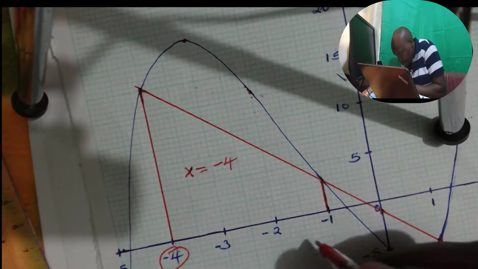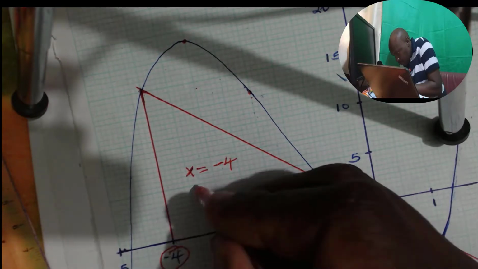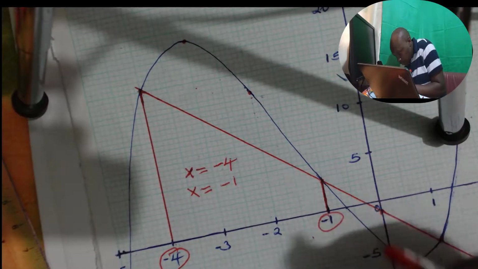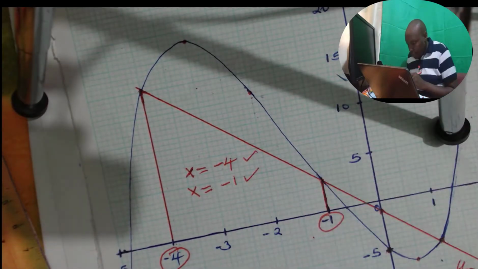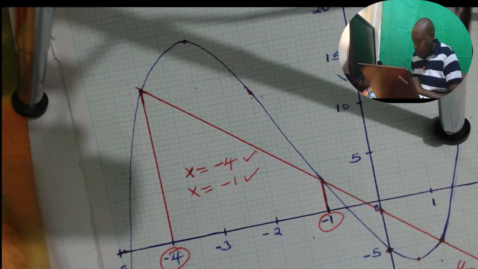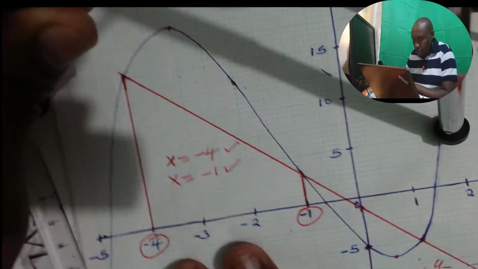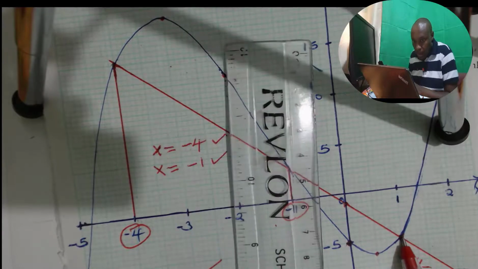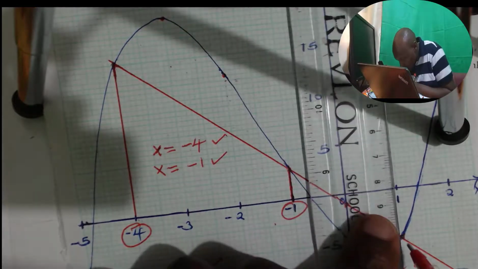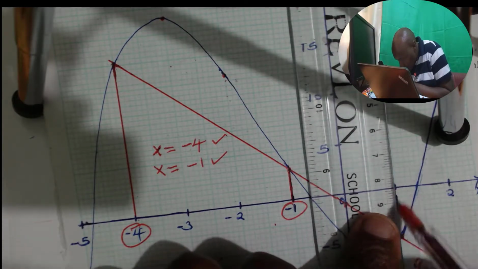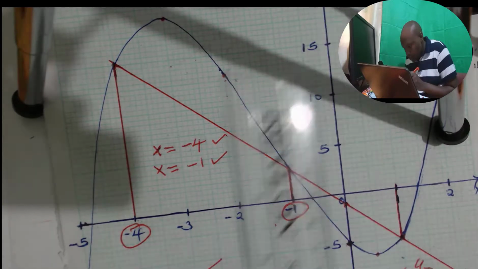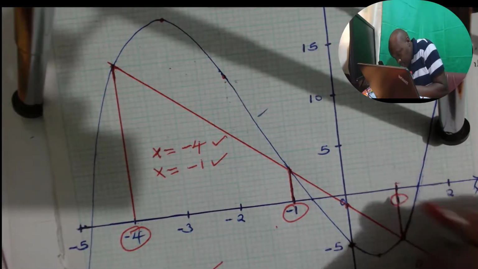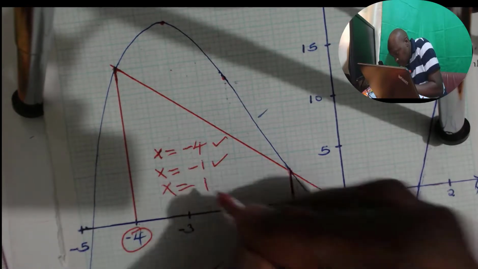We read the x coordinate there: x is -1. And then the last point is here, the other point of intersection down here. So we also draw a straight line up there. And the x coordinate here is 1. So x is equal to 1.